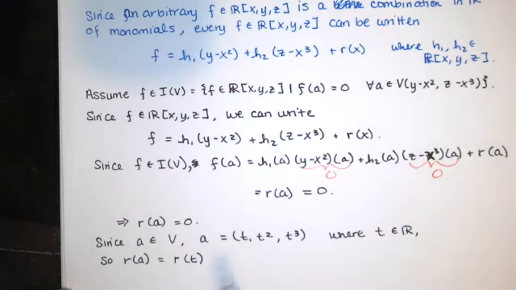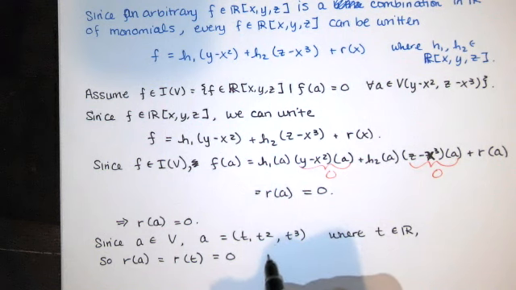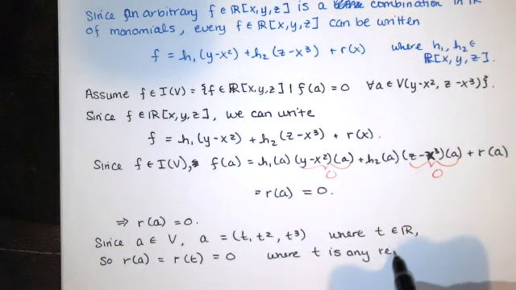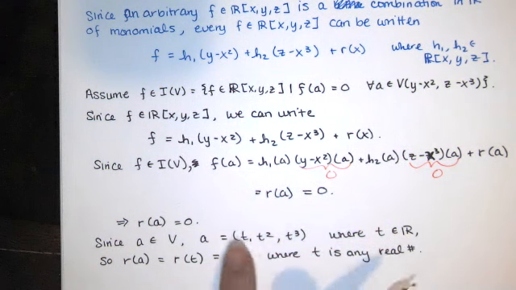So since r depends only on x, r of a is the same as r of t, and we're saying that this is equal to 0, where t is any real number, because if t is any real number, then this point lies on the variety.